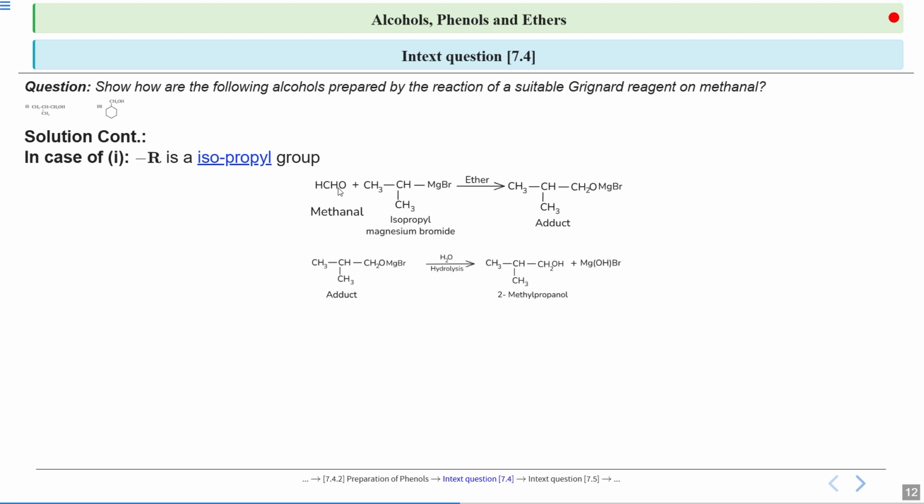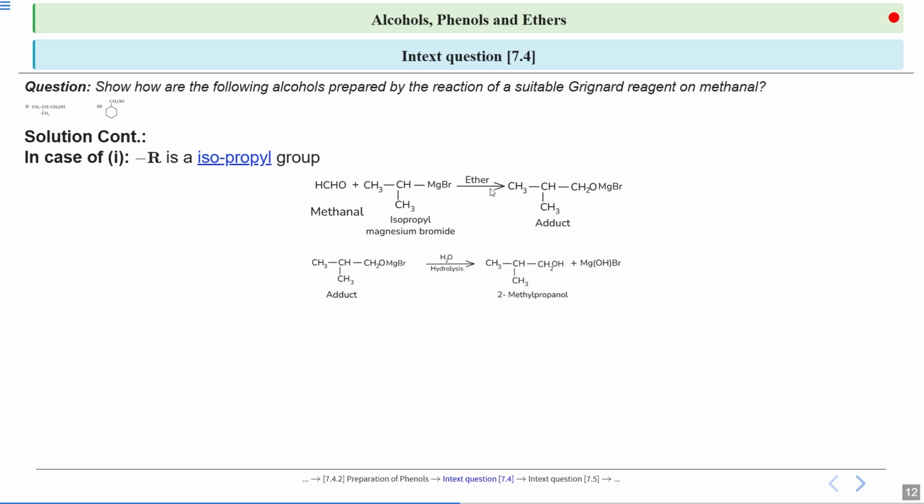In C double bond O, carbon will develop a partial positive charge and oxygen will develop a partial negative charge. Here your Mg, being a metal, will get a partial positive charge, and this R group, the isopropyl group, will get a partial negative charge. So this group will attack this carbon, which is electron deficient. To this carbon the isopropyl group has attached, O has a minus charge and Mg has a positive charge.